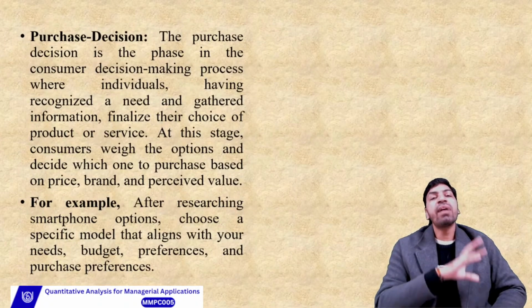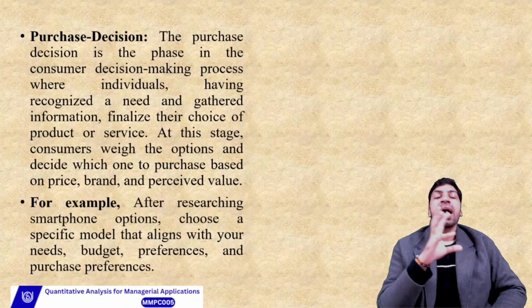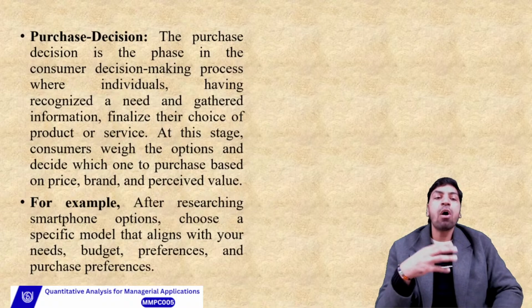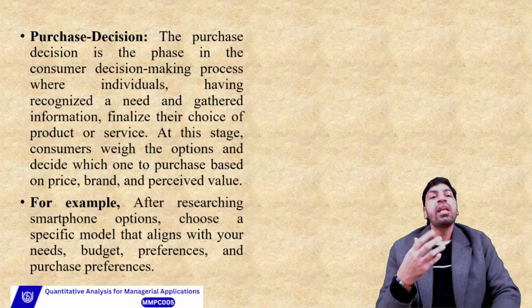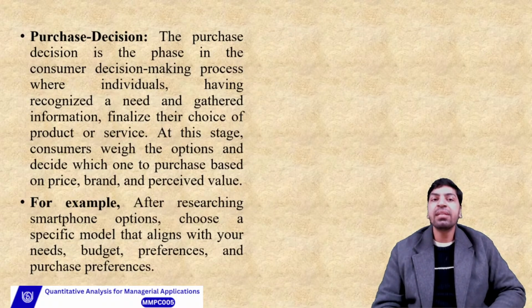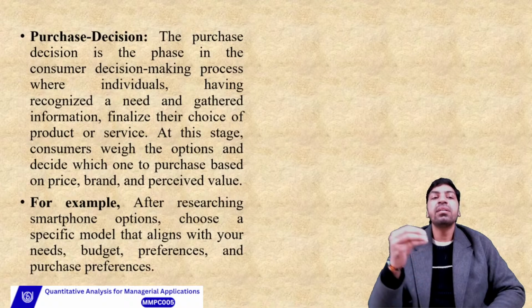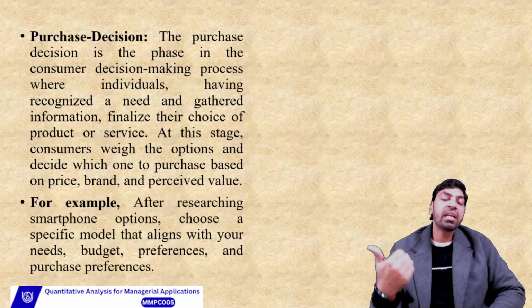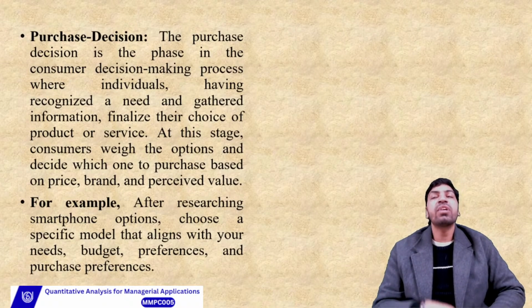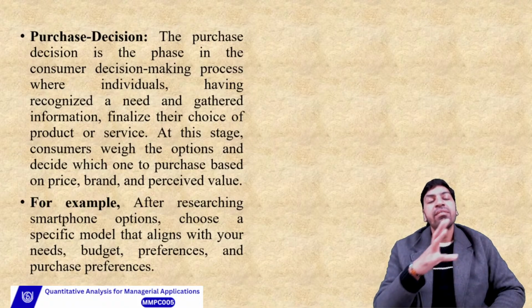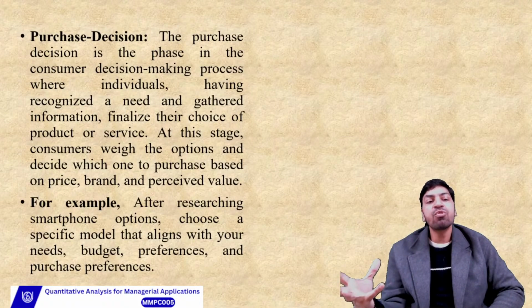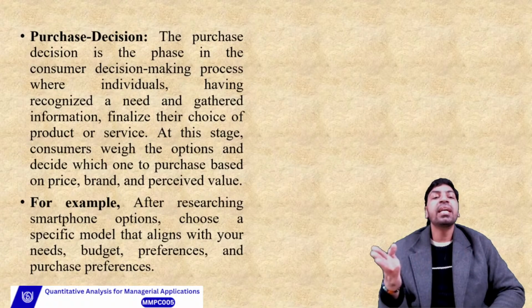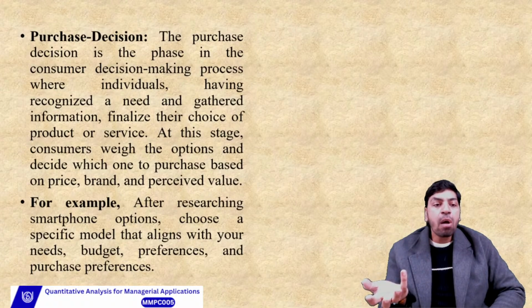Next, once you evaluate the options from the various options available, you can take up the purchase decision. The purchase decision is a stage where the individual will recognize the need, gather information, finalize the choice of the product, and then look at the options.